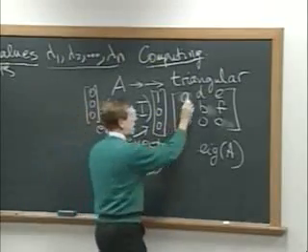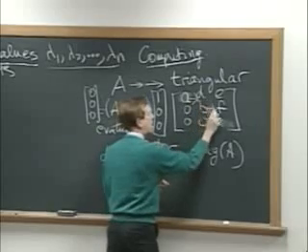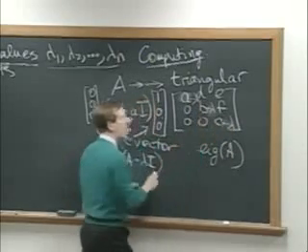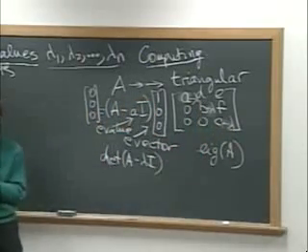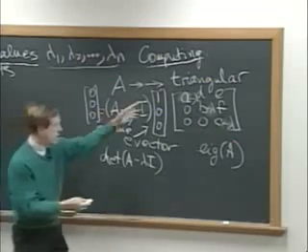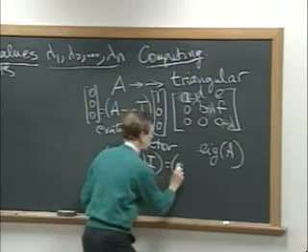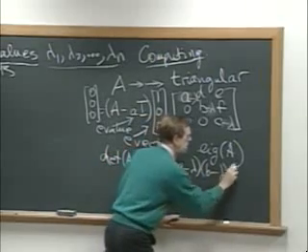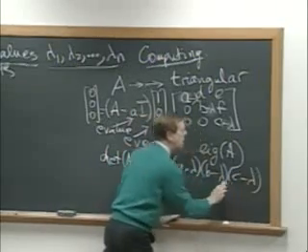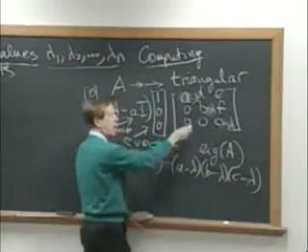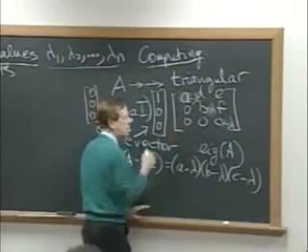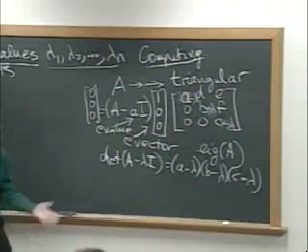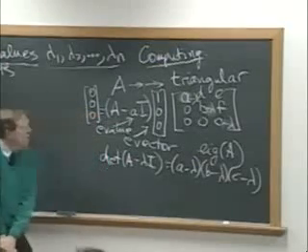Well, we subtract lambdas from the diagonal, right? That's the minus lambda I. And we take the determinant and we get the product of these three. That's the beauty of the triangular part. A minus lambda, B minus lambda, C minus lambda. Because when I take a determinant, it's got a lot more terms, but they'll all be zero because of those zeros. So, of course, I see the three roots.